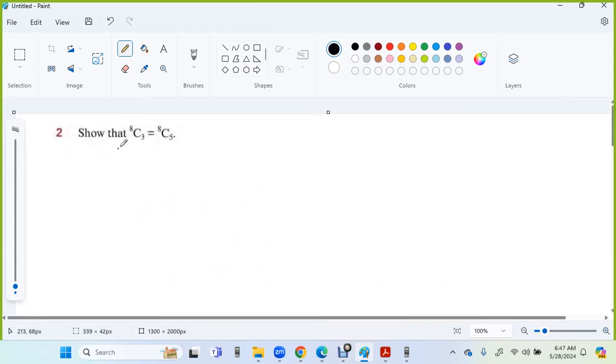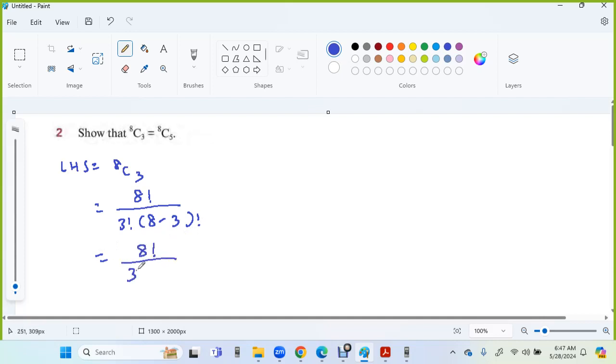Question number 2. We need to show that 8C3 equals 8C5. So the left-hand side here is 8C3. Then it is 8 factorial over 3 factorial times 8 minus 3 factorial. Then it will be 8 factorial over 3 factorial times 5 factorial. And the right-hand side will be 8C5.